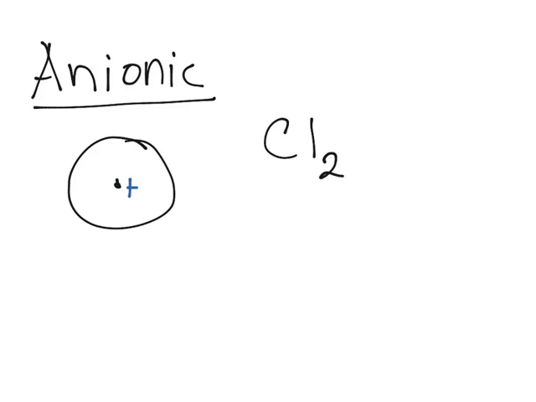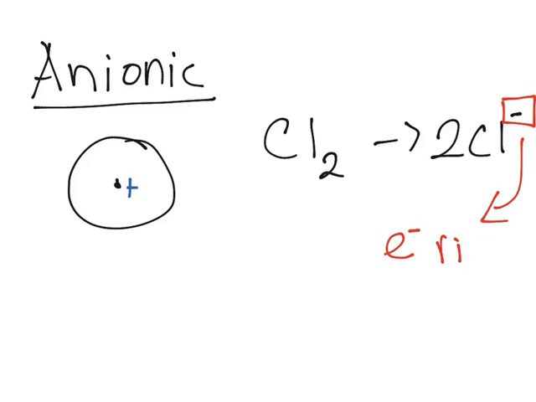It would go to Cl minus. If you have this negative sign here, it means that this molecule is electron rich. It has more electrons than it would usually possess in its atomic form.